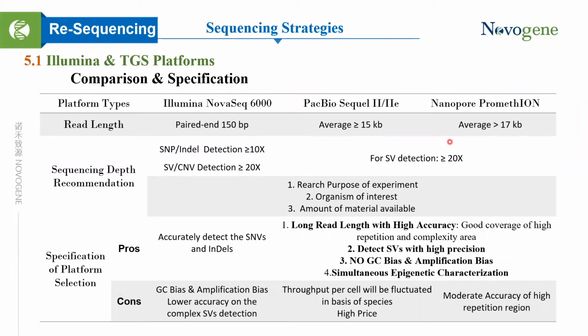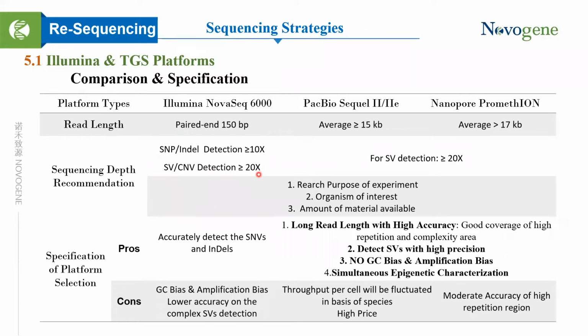Conversely, the third generation sequencing platforms with relaxed requirement of cycle efficiency enable a long read length over 15 kilobase. And we will highly recommend over 10 times and 20 times sequencing depths for SNP and InDel detection and SV or CNV detections respectively.